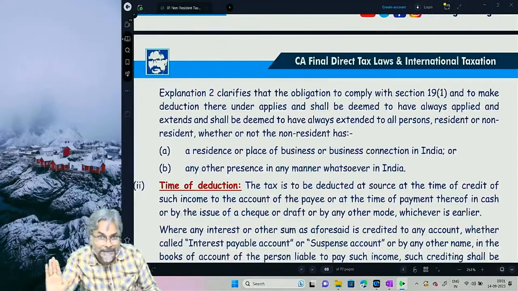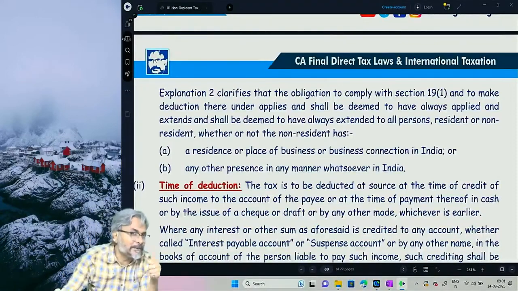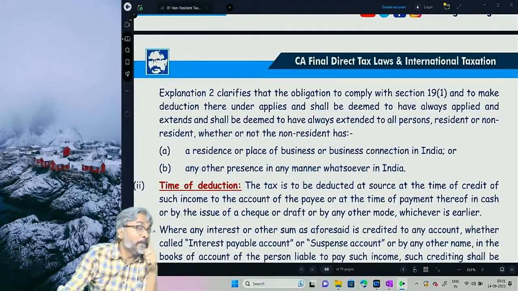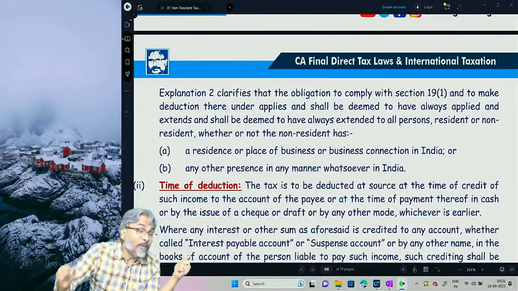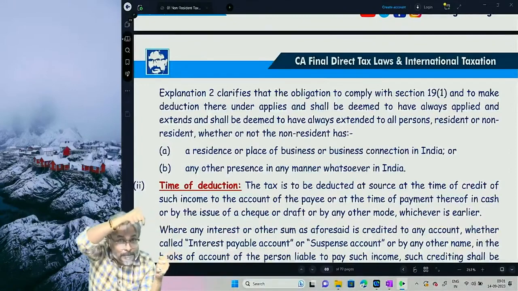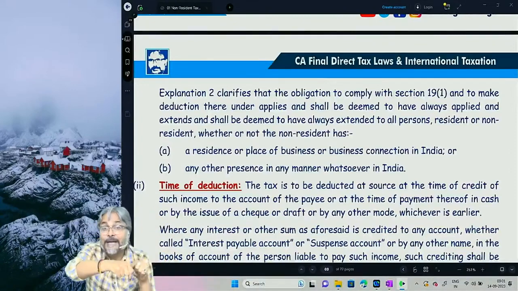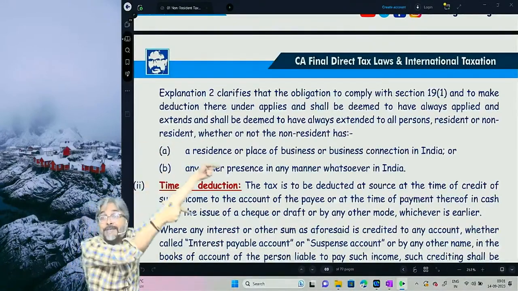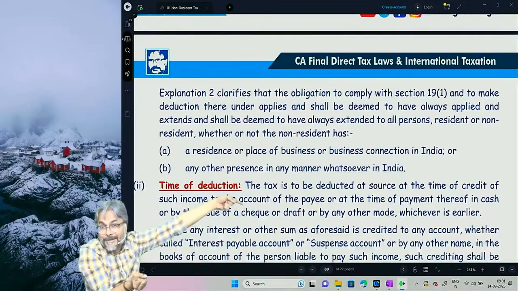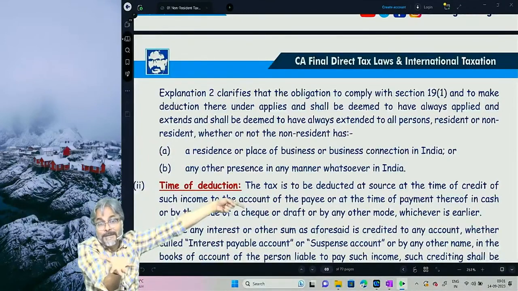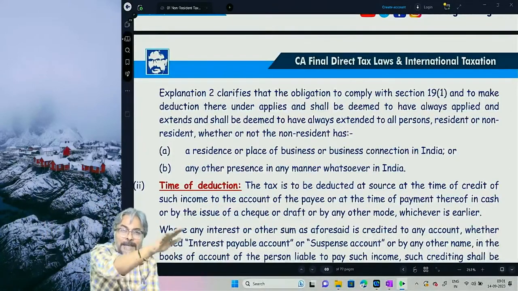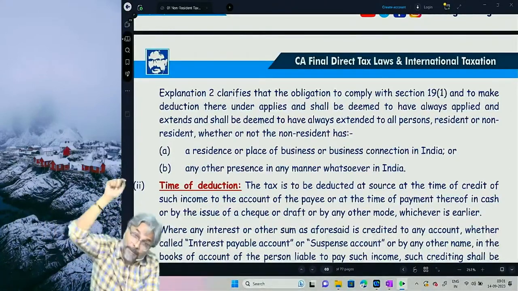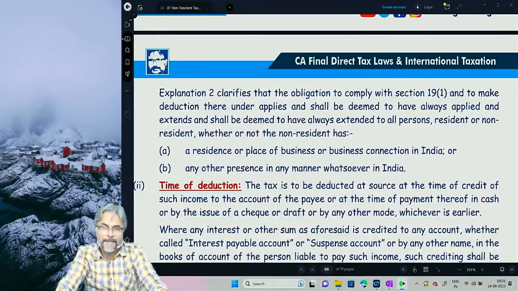You don't have to ask all these things. Your only focus has to be the non-resident payee who is receiving this income, whether that income is chargeable to tax under the Act. For that you have to travel to which section? Section 9. Section 9 tells you the income of a non-resident which is deemed to accrue or arise in India and hence chargeable to tax under the Act.